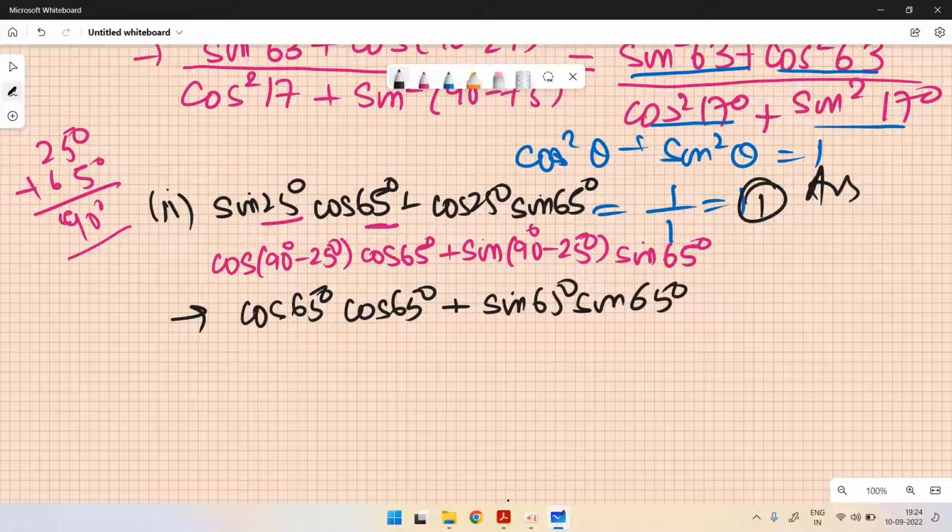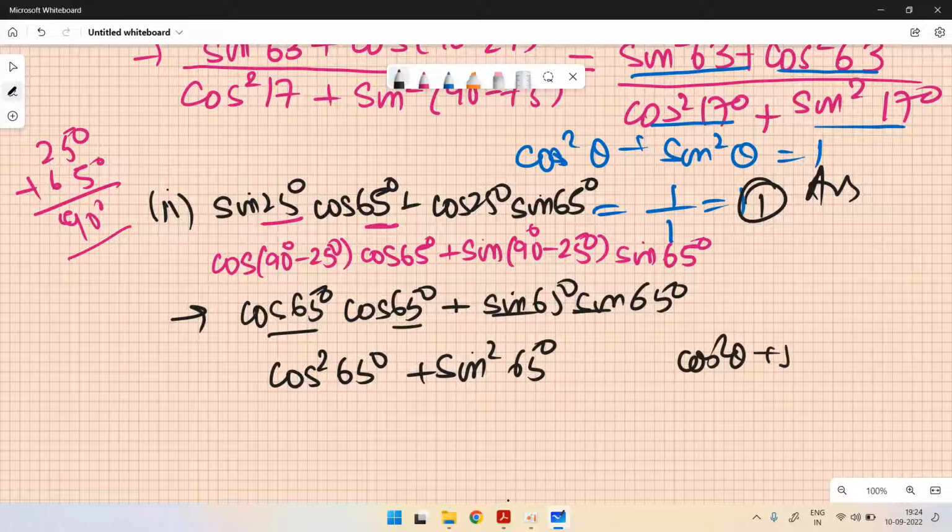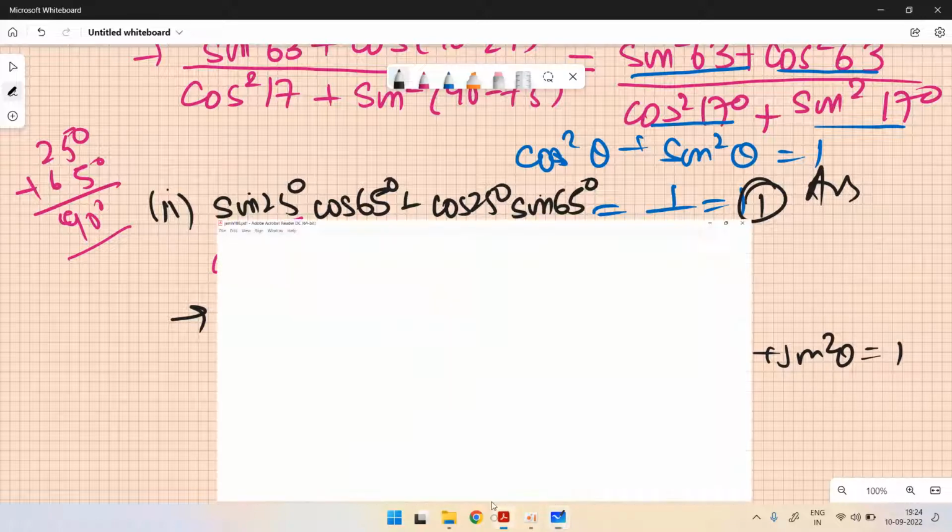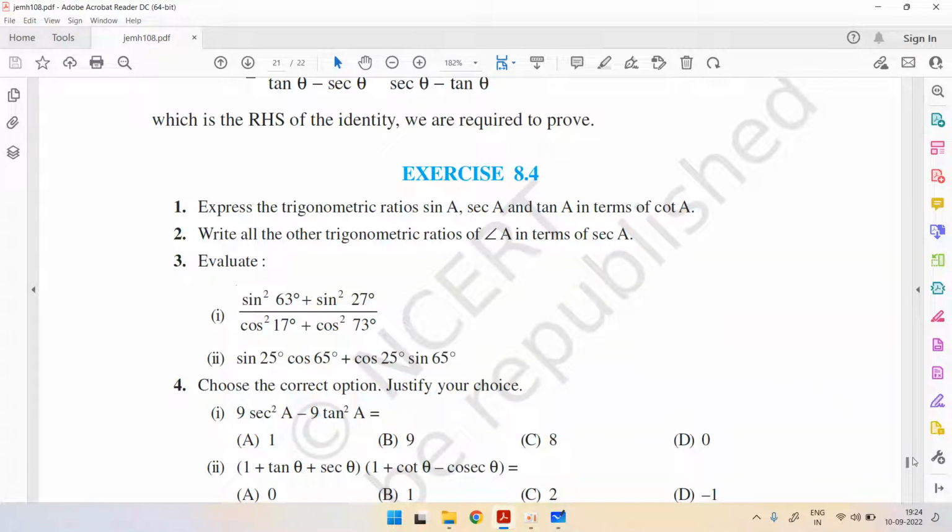Since these angles are the same, this expression becomes cos square 65 degree plus sine square 65 degree. Now you know that cos square theta plus sine square theta equals 1, so this expression becomes 1, and 1 is your answer. So first and second both answers are 1.